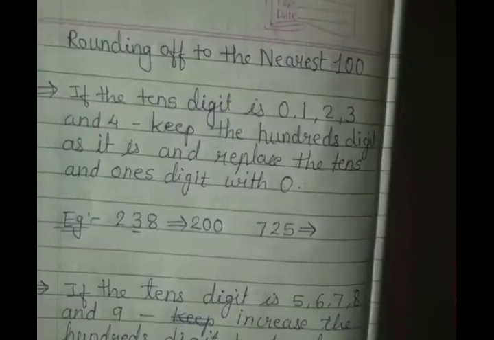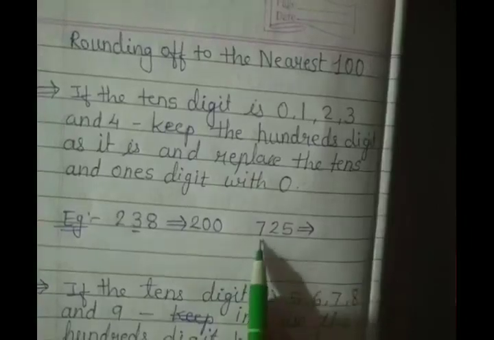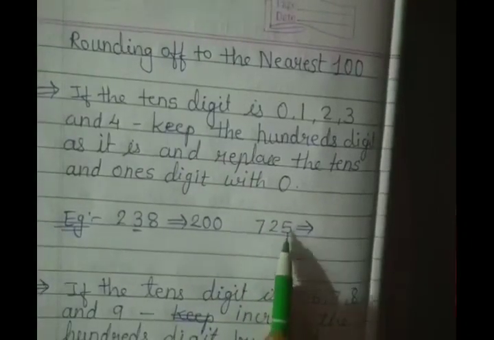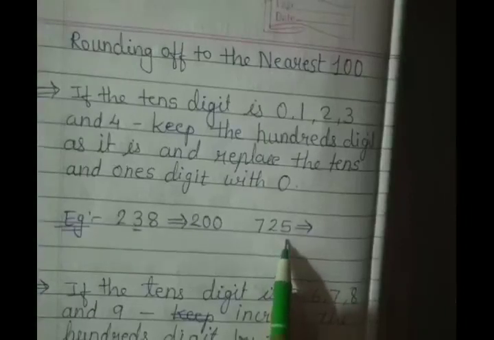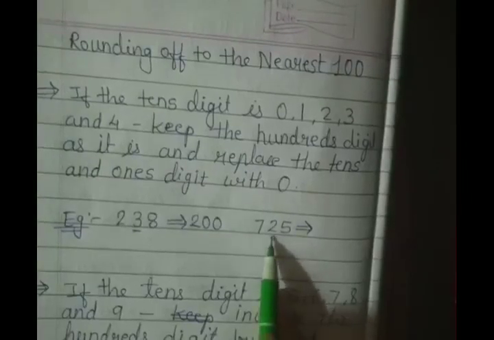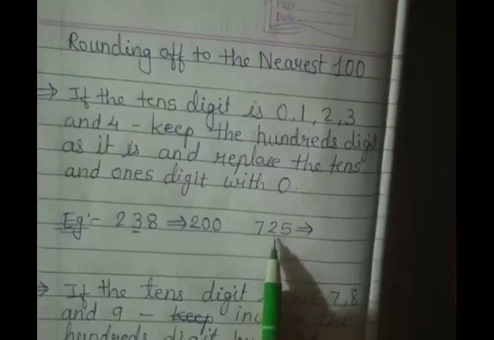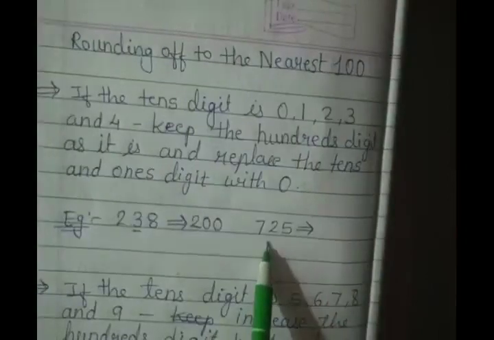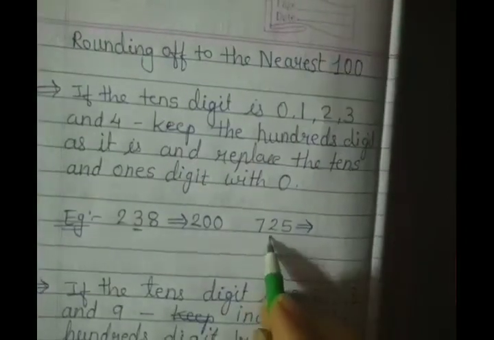Now let's come to the next example, 725. Though at the ones place we are having digit 5, we will not consider it for rounding off. We will consider the tens digit as we want to round off to the nearest 100. So the tens digit we are having is 2.